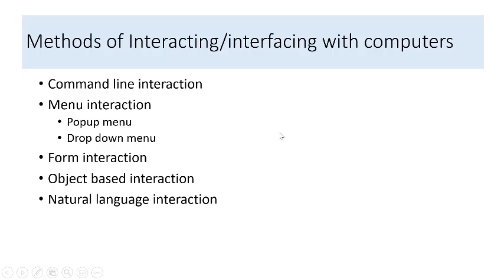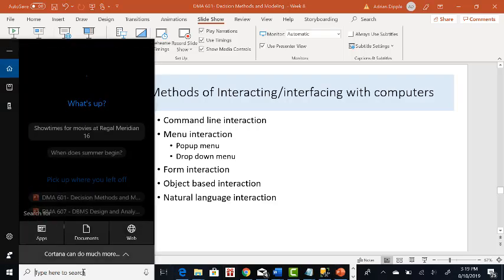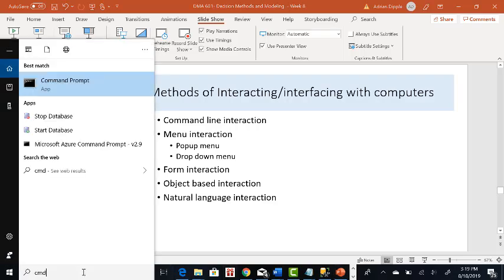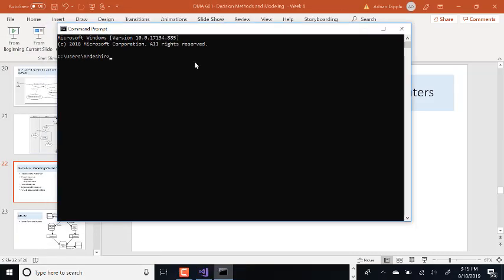So what are the different methods of interacting with computers? Obviously, you can use command line interaction. For example, if I go to CMD and type, for example, ipconfig, I'm actually asking a question of the computer.